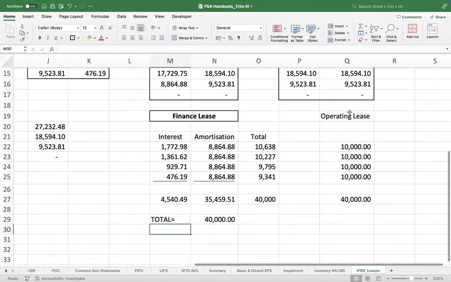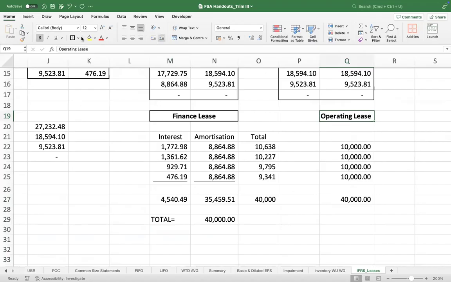ऑपरेटिंग लीज में सिर्फ एक ही कॉस्ट जाएगा पीएनएल में, और वो है लीज रेंटल. 10,000, 10,000, 10,000, 10,000. So this also will add up to 40,000. तो बेसिकली क्या मतलब हुआ कि whether it is finance lease or operating lease, we are transferring the same amount to the P&L. Just the manner of transfer is different. In finance lease, you are transferring interest and depreciation costs separately.